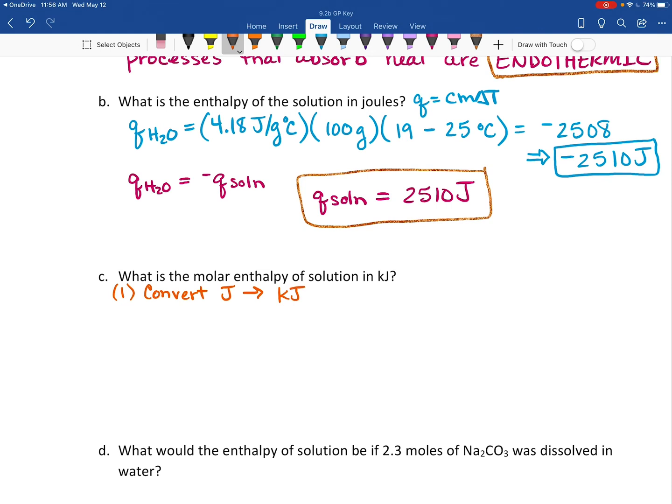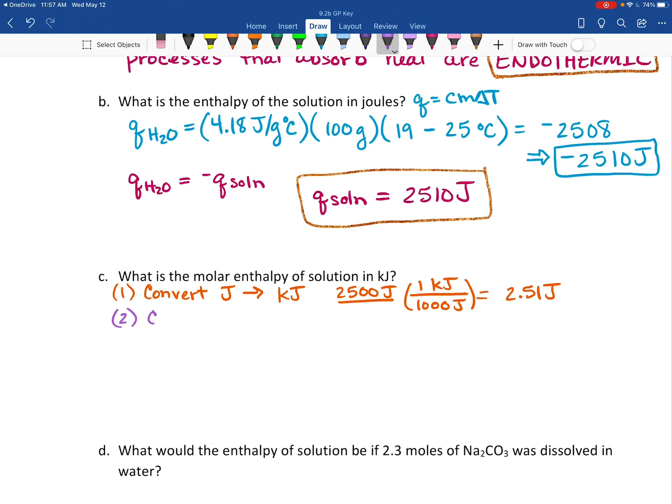You can divide by 1,000, since there's 1,000 joules in 1 kilojoule, and we can show the conversion too. Either way works. So we get 2.51 kilojoules.